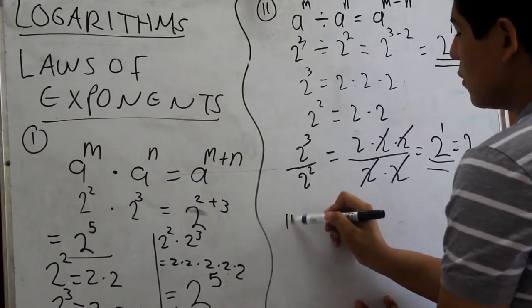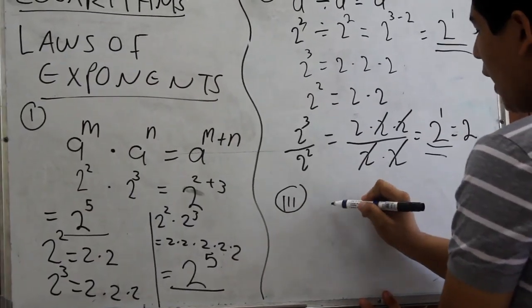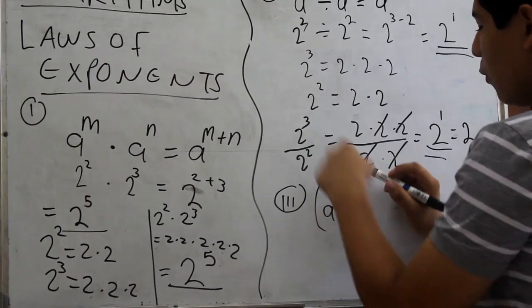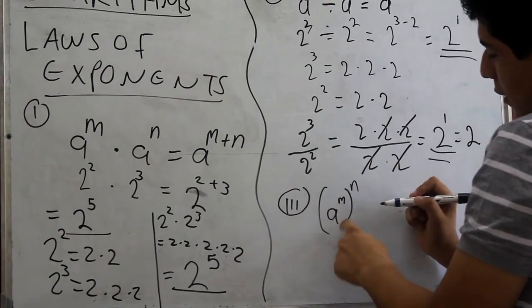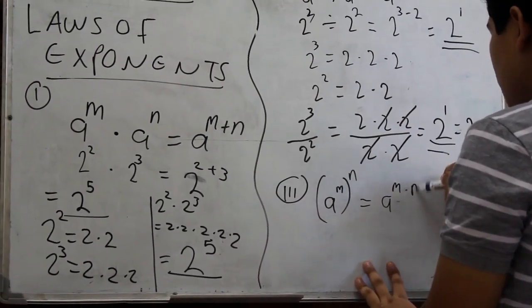The third rule says that if I have a^m, but all this one is with another power, let's say power n, so my answer here is going to be a^(m times n).